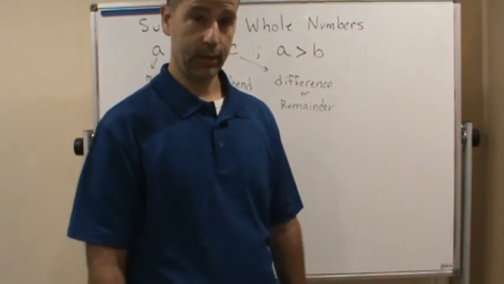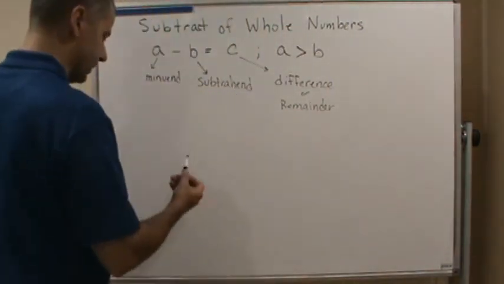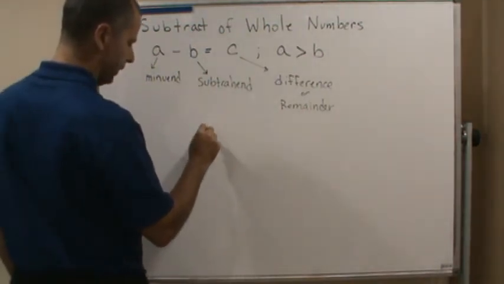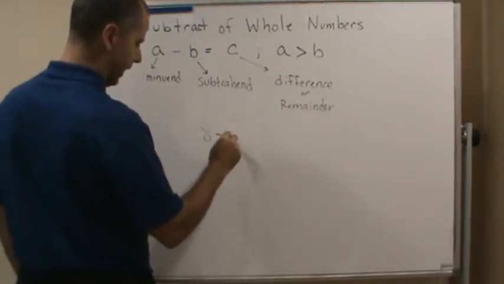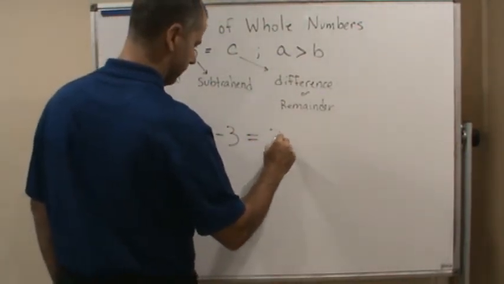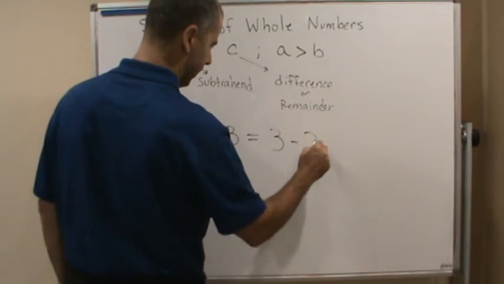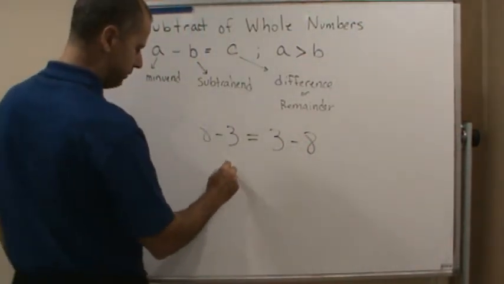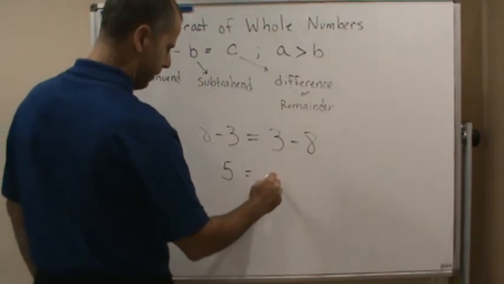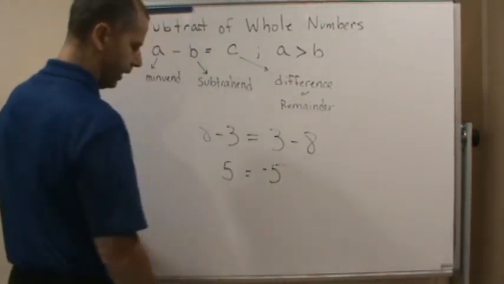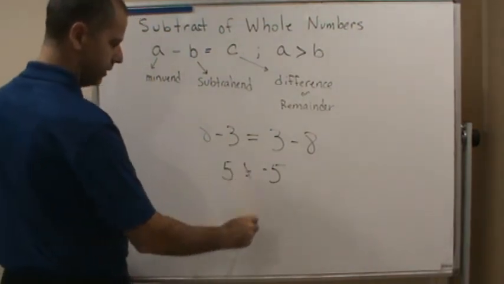Okay, and just as an example, if we look at the commutative property, and we say 8 minus 3, and we compare it to 3 minus 8. Well, 8 minus 3 is 5, but 3 minus 8 is negative 5. And those are not the same.